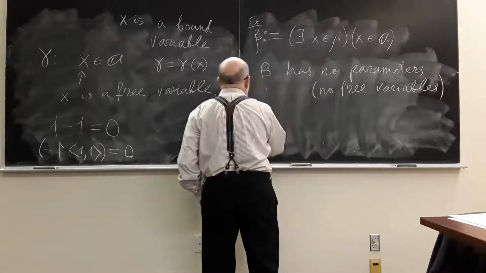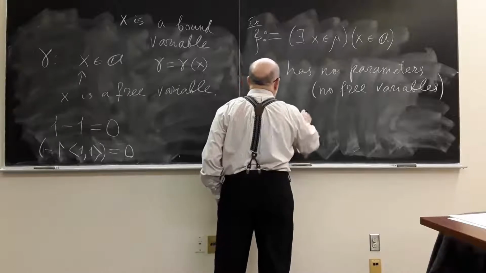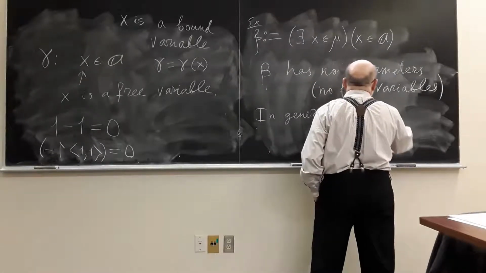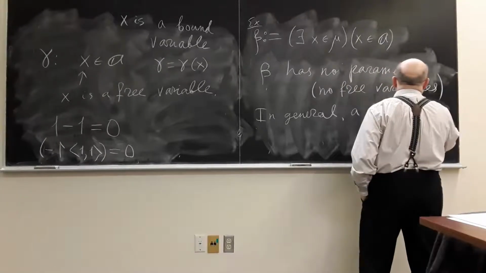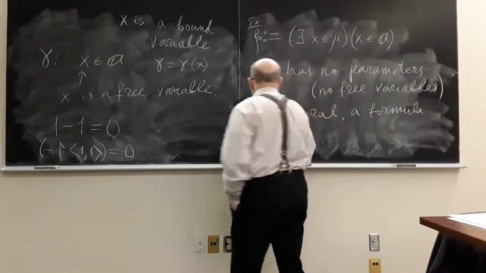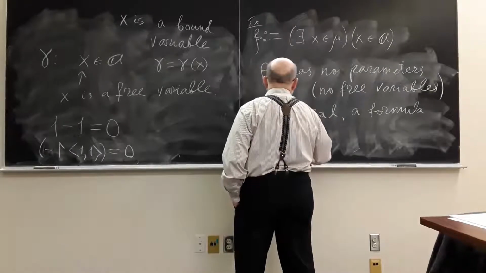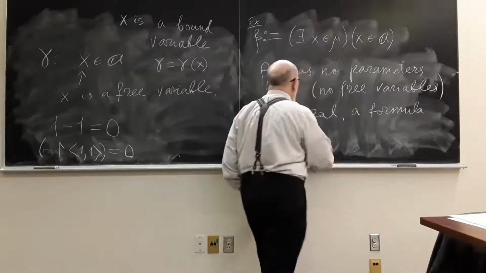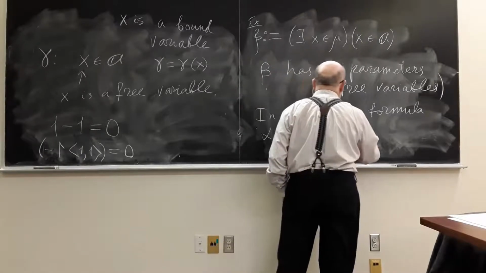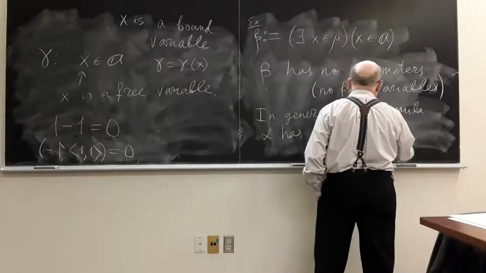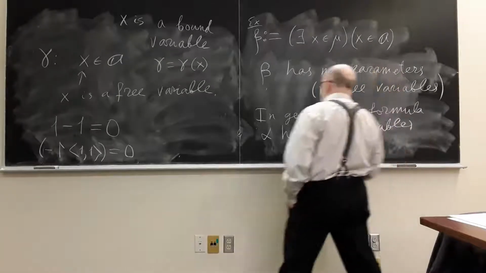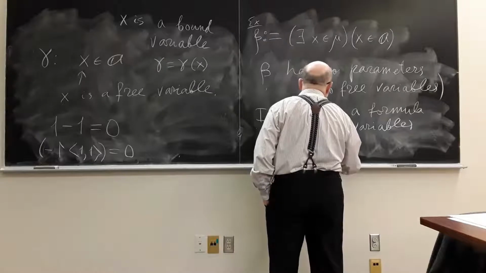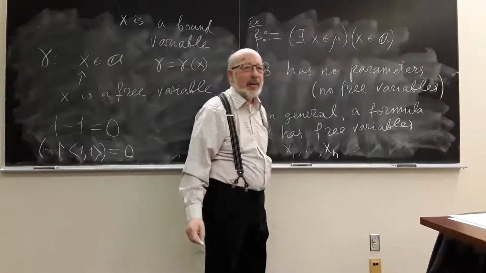So in general, a formula, say alpha, has some number of free variables, say x1 and so on, xn, for some n. Yeah?